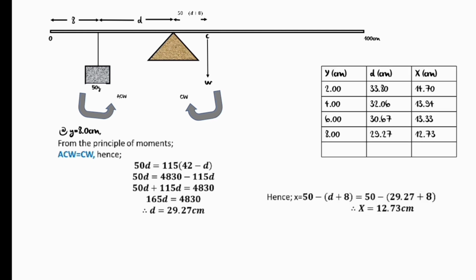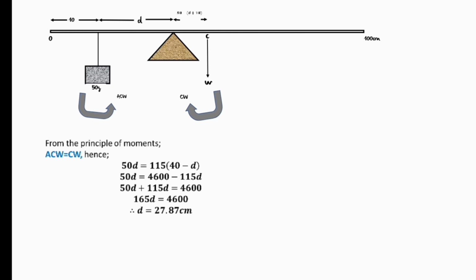See, the work gets more interesting. Now, lastly, at y equal to 10 centimeter, like I said, you can see the same trend follows here. 50d is equal to 115 open bracket 40 minus d.